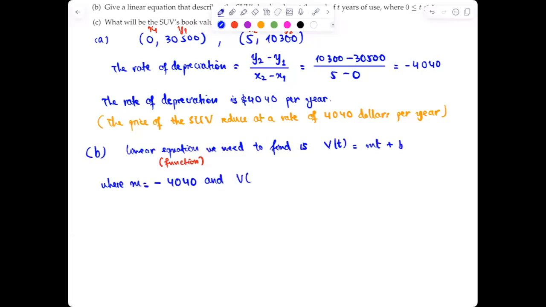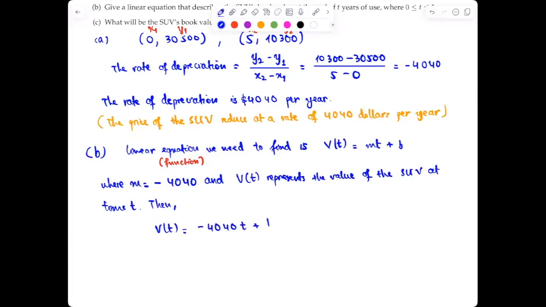And V of t represents the value of the SUV at time t. Now with the information that we have so far, V of t is equal to negative 4,040 t plus b.